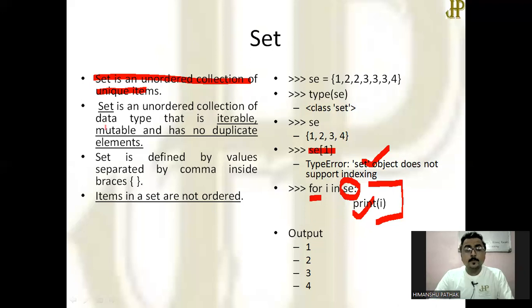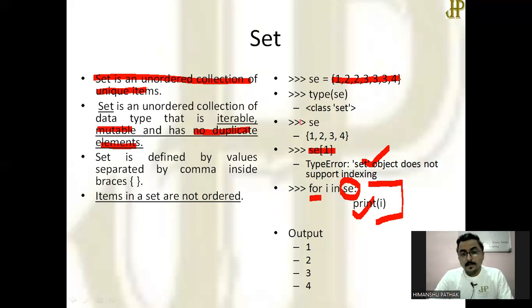Second thing is mutable. It means you can change the value of set. Third thing is no duplicacy is allowed in the set. So here you can see that I am trying to store 1, 2 times 2, 3 times 4, single time 4.